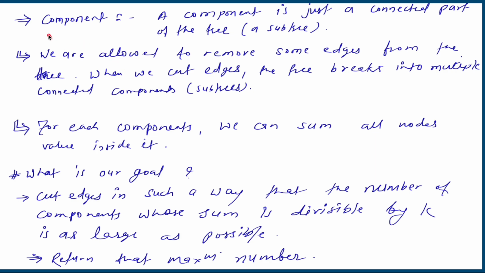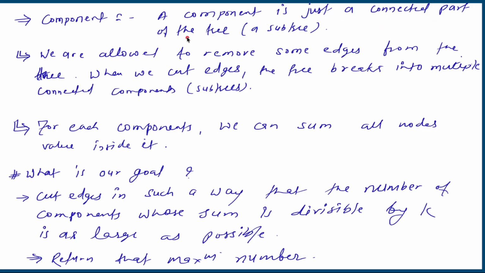Now understand what a component is, before understanding anything else here. If you have studied graphs, and you know the basic concept of graph, you will understand the concept of a component. A component is just a connected part of the tree, that is called a subtree. A component is just a connected part of a tree, right?